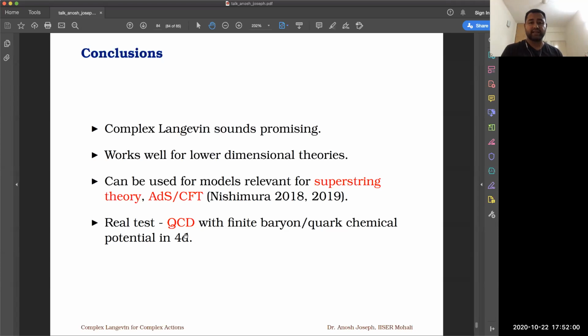But here that cannot work, because the links are complex and not unitary; they go away. So we need to come up with some clever techniques. One of them is called gauge cooling. People are looking at these types of ideas. This is the ultimate goal: simulate QCD with finite chemical potential. So that is it.